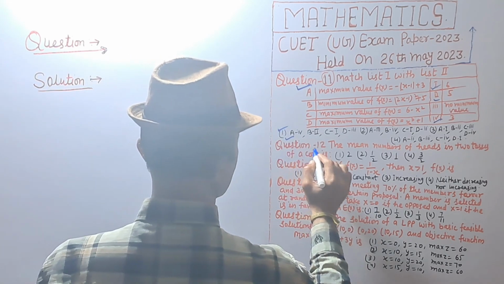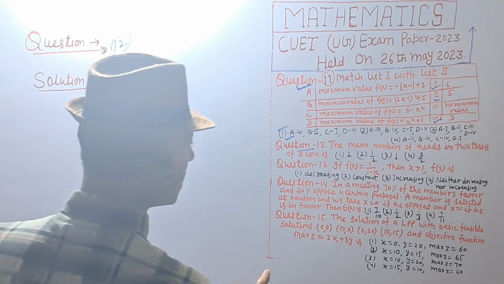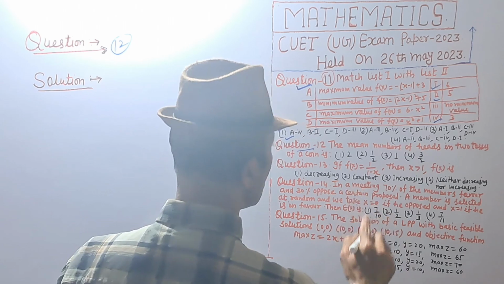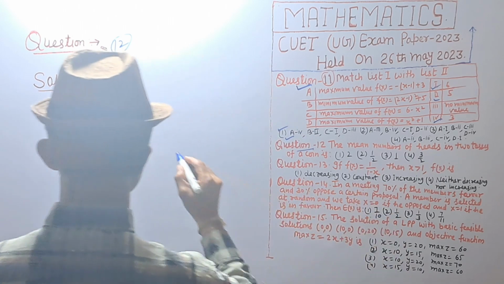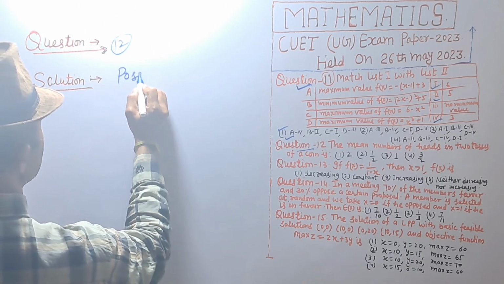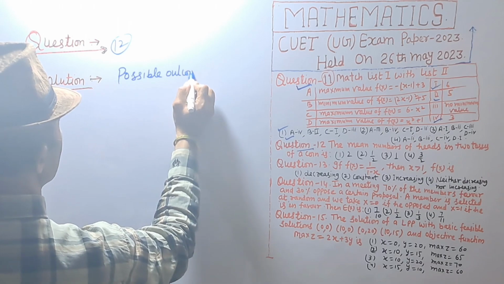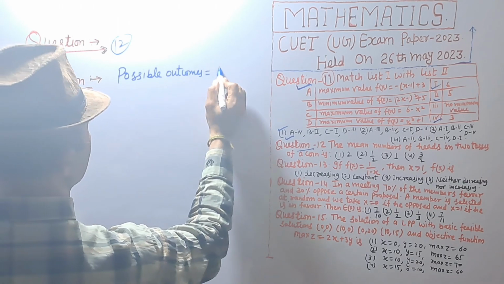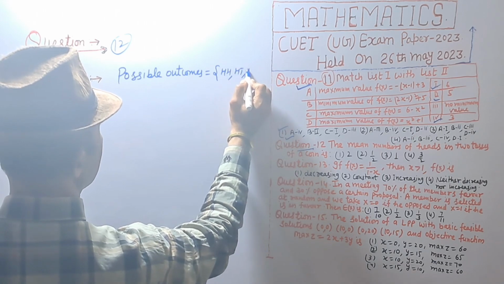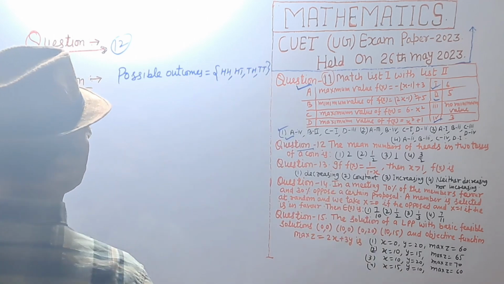Option 1. Question number 12. Given the mean number of heads in 2 tosses of a coin, possible outcomes are head head, head tail, tail head, and tail tail.